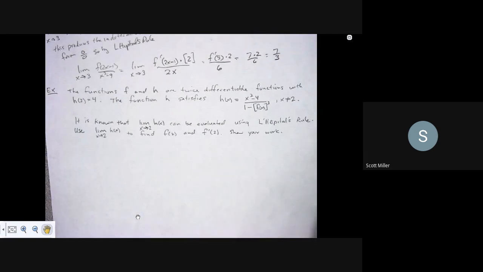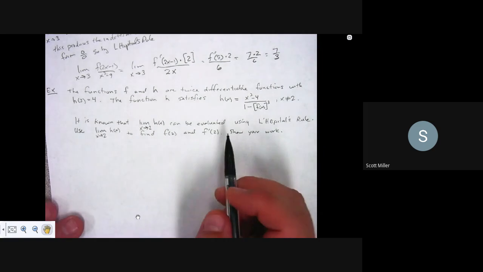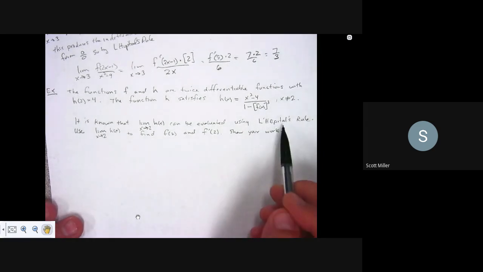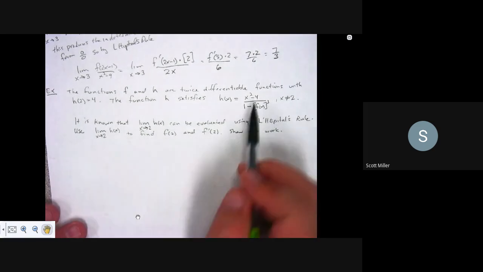All right, so what do I know for this problem? Okay, I know a couple of things. First off, they told me that I can use L'Hopital's rule for the limit of h. There's h.